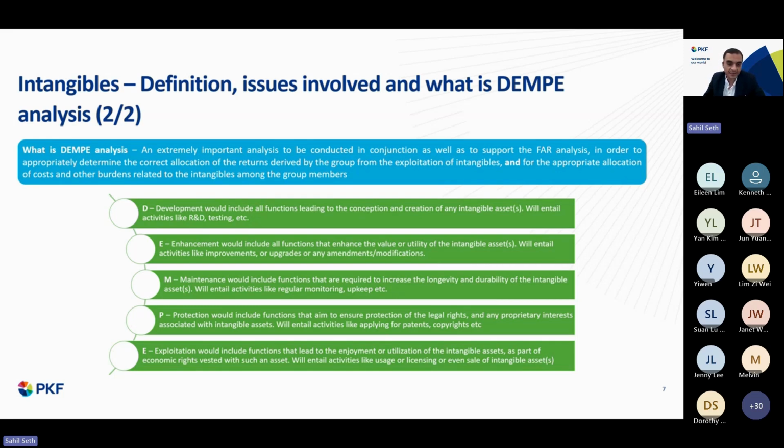Because sometimes we have seen that an entity is going above the value chain and doing enhancement also. So then obviously its return on the intangible becomes higher, right? As compared to an entity who is just doing maintenance. So based on the DEMPE and the FAR analysis, it can be that one entity is doing a combination of functions, but it all depends on the facts of the transaction.